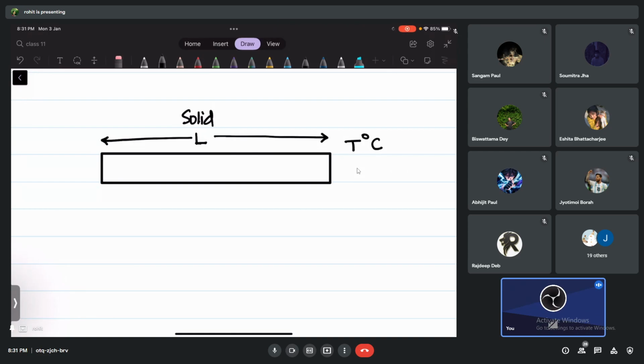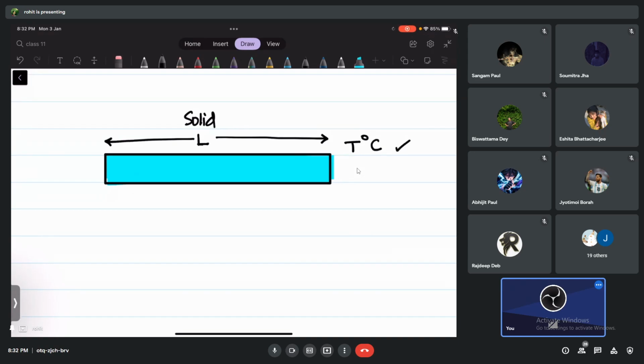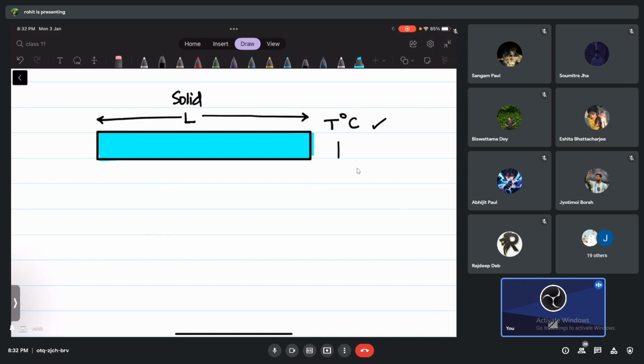Can you understand this till now? This is a solid, it has a certain length, and the temperature right now is T degrees Celsius. Let's add some temperature. Let's add delta T. I'm not specifying how much. So now the temperature is how much, guys?